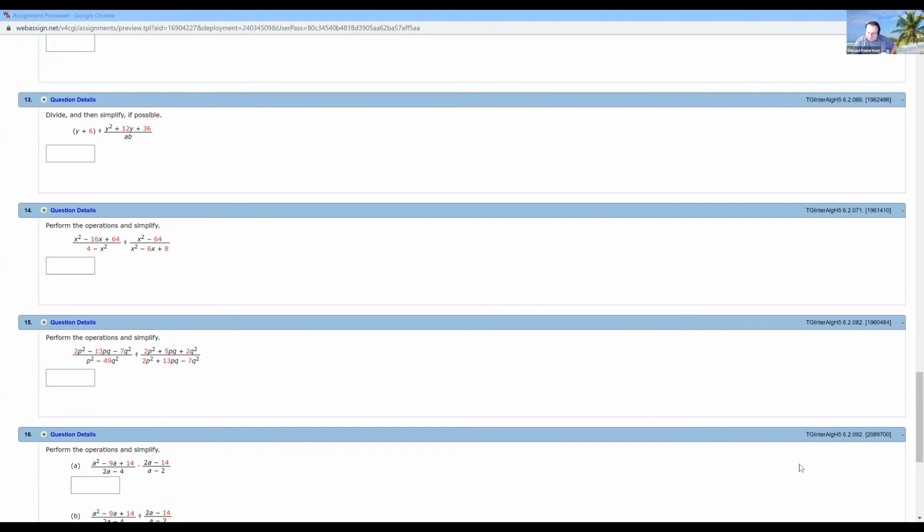That makes much more sense. Now, if you make q equals 1, won't this become p squared take away 49? Oh, you can't say that, can you? Sorry.